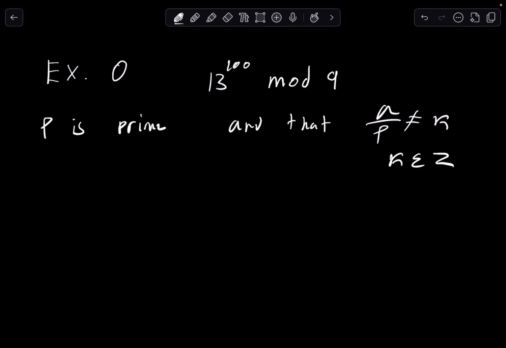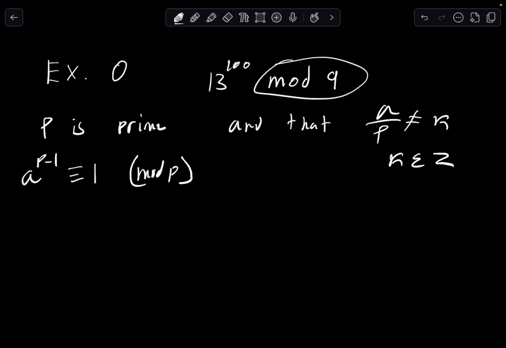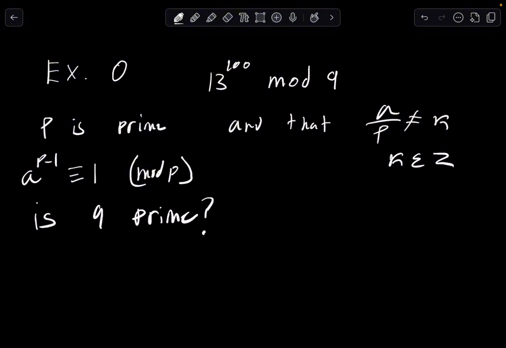Okay, so let's start off with is P prime. Using this definition, what we can see here is that mod 9 would be our P. So 9 would be our P. Is 9 prime? Now, hopefully you said no, because if we take 9 divided by 3, that equals 3.